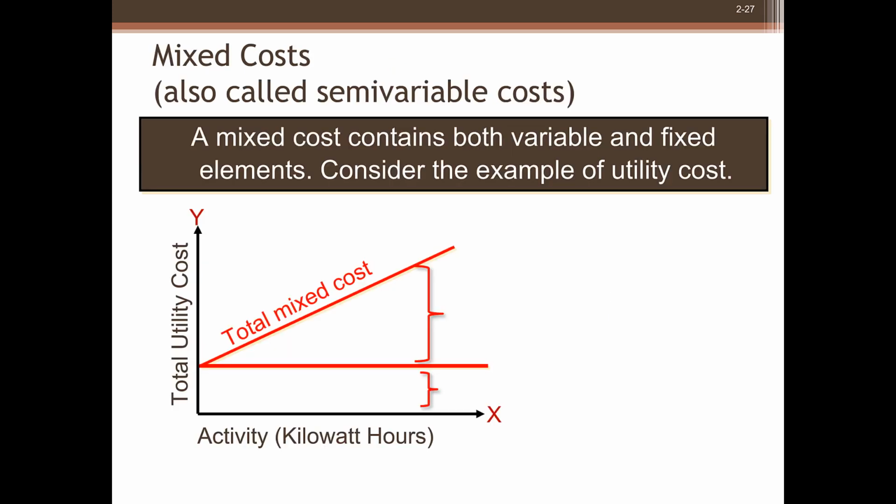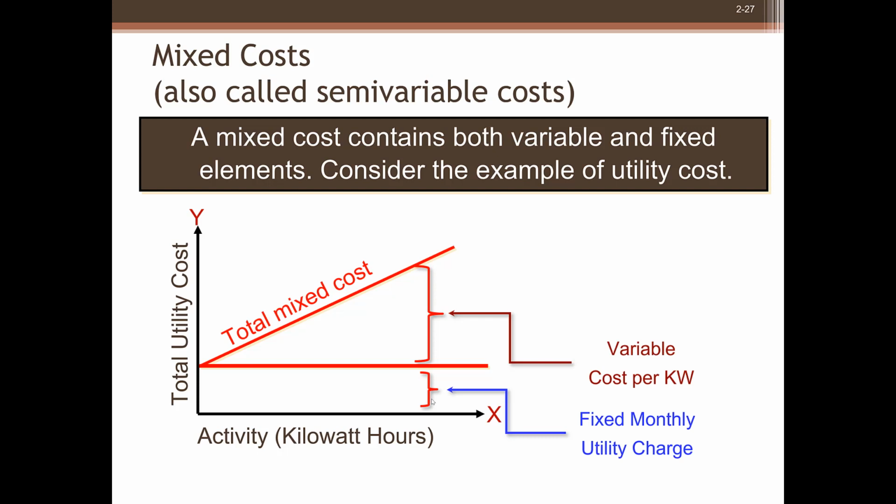Mixed costs, or semi-variable cost. A mixed cost contains both variable and fixed components. Let's take a look at an example of a utility cost. This graph describes the mixed cost of a normal utility bill. A utility bill contains a fixed and a variable cost component.